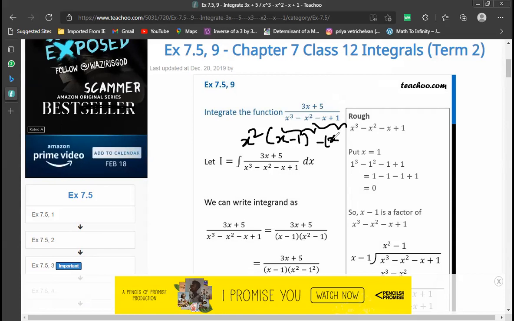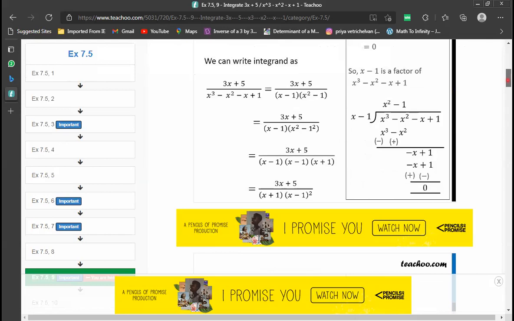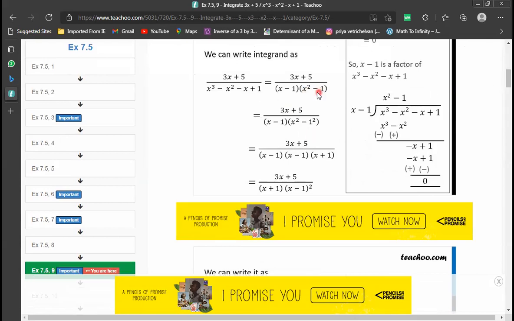Which can be written as, you just take the minus outside, it will become minus of x minus 1. So now you take x minus 1 as common. So it will become x square minus 1 into x minus 1. So now you can write it like this. This x square minus 1 can be written as x square minus 1 square.